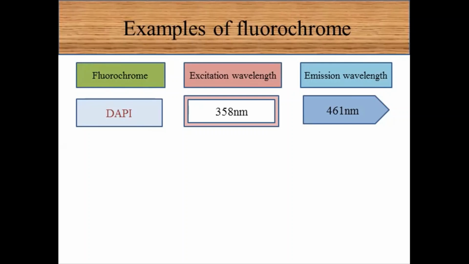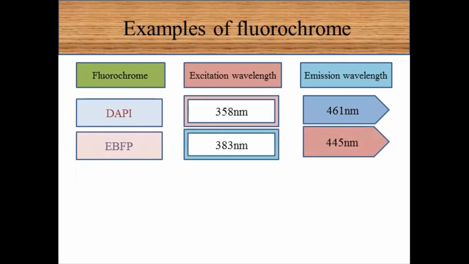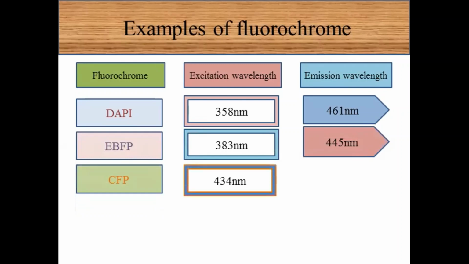So in this case, DAPI has a longer emission wavelength and lower energy, while in the excited state, DAPI has 359 nanometers, a smaller wavelength and greater energy. Here are some other fluorochromes, EBFP and CFP, with their excitation and emission wavelengths.